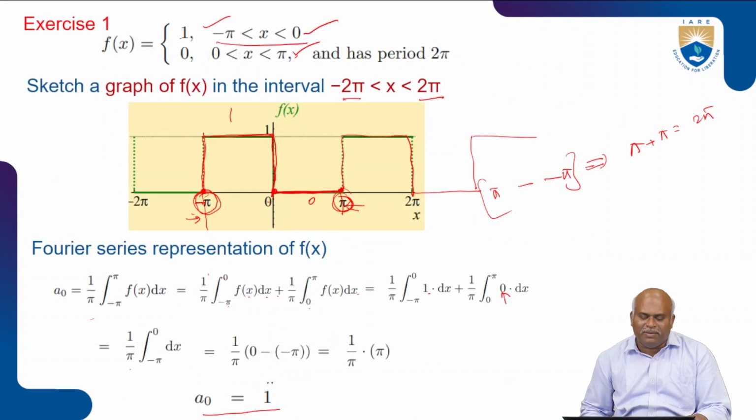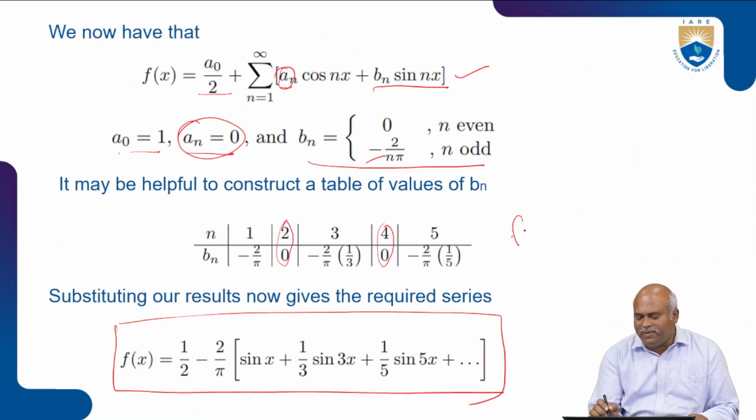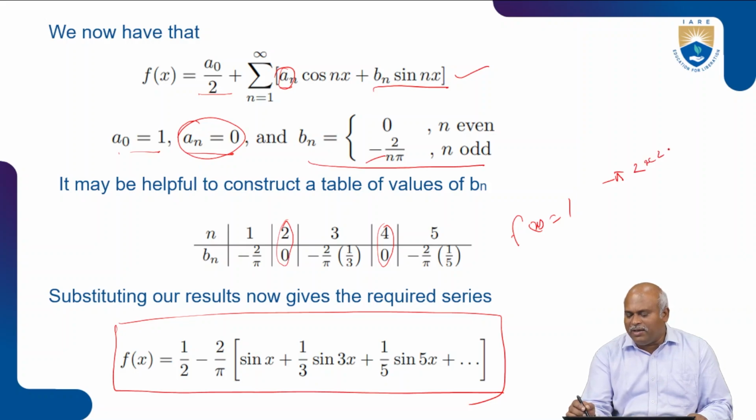The signal is represented as f(x) equal to 1 for minus pi less than x less than 0, and 0 for 0 less than x less than pi.